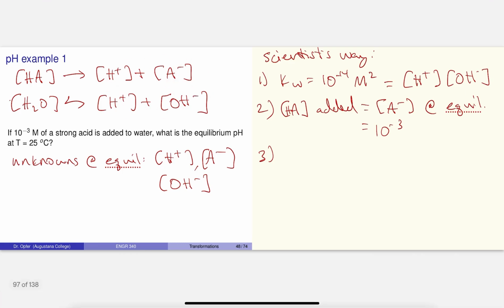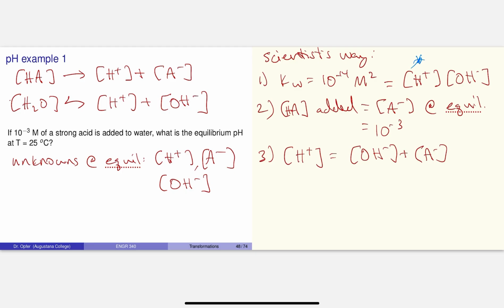That means the amount of positive ions has to equal the amount of negative ions. So we've got 3 equations with 3 unknowns. Remember, our goal is to solve for H plus here.